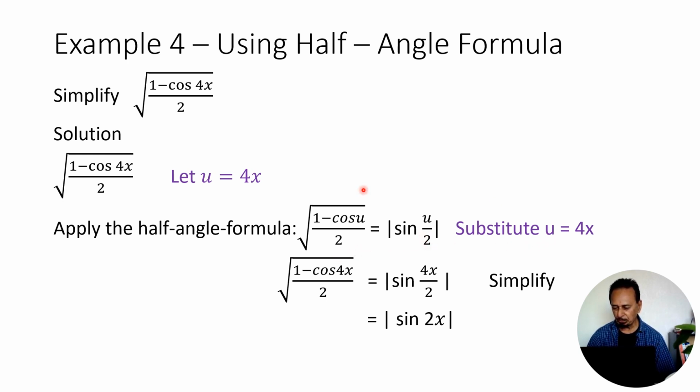Now we substitute u equal to 4x. So it becomes the absolute value of sine 4x over 2. Now we simplify, it becomes the absolute value of sine 2x. So this is equal to the absolute value of sine 2x.